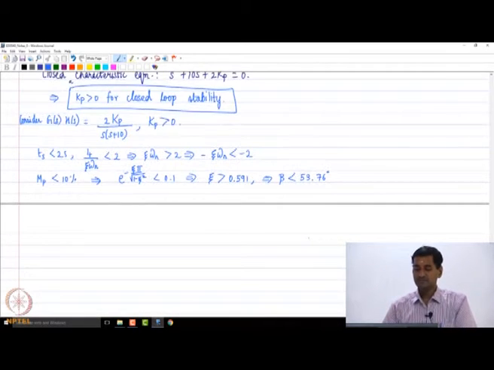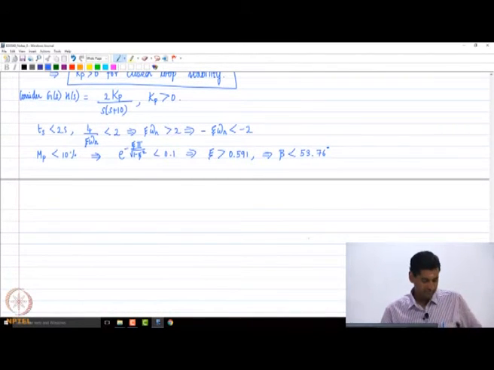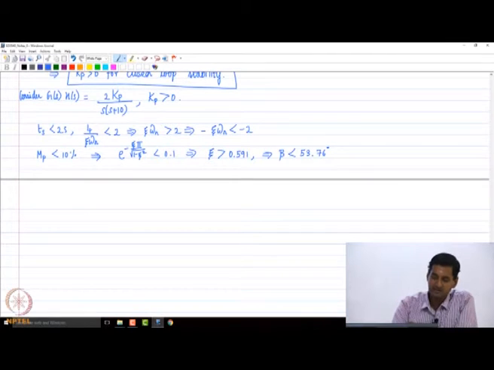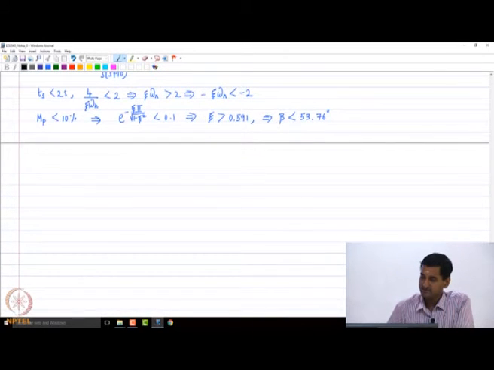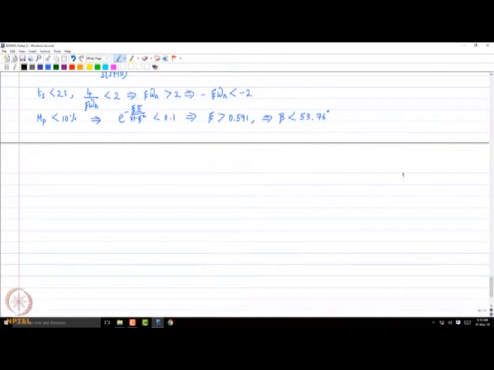So that's how we can convert the performance specifications into regions in the closed loop plane, regions in the S plane that we want. So let me draw the S plane, and then we will start plotting these regions.